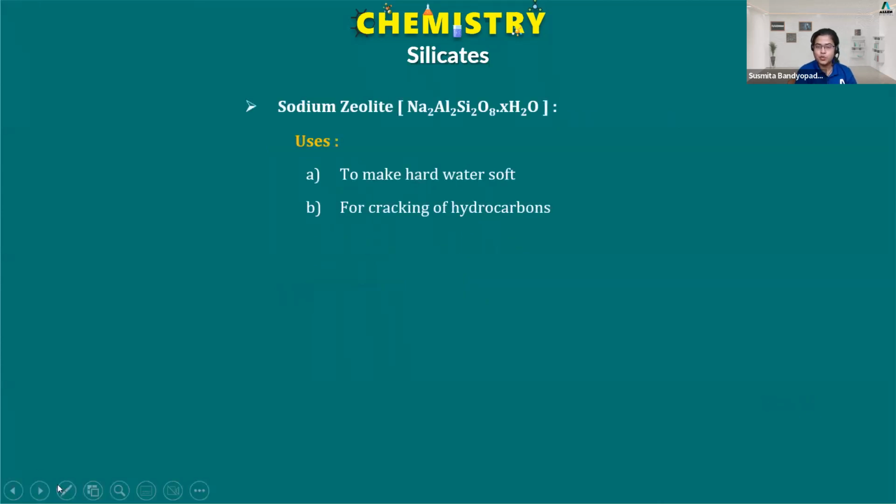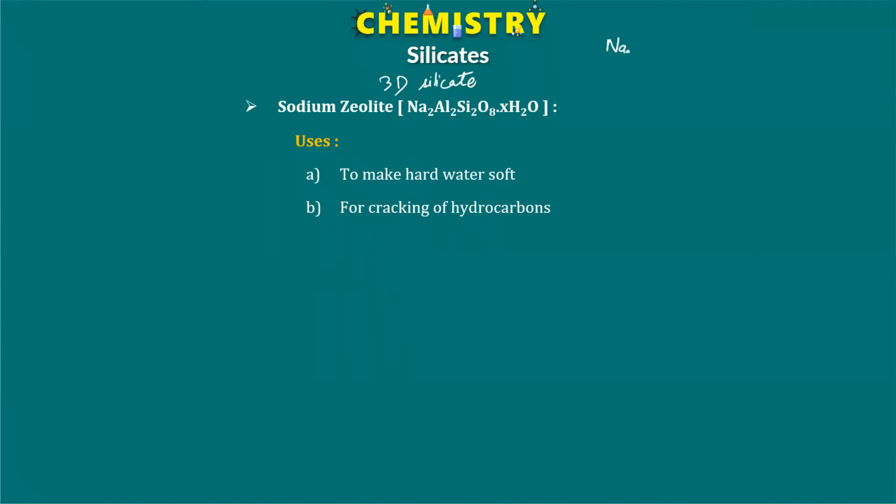Zeolite is sodium aluminum silicate. Zeolite is a three-dimensional silicate. You should know this. It's used to make hard water soft. Permutit zeolite Na2Z plus the hardness causing ion Ca2 plus: CaZ will be formed and 2Na plus will be liberated.